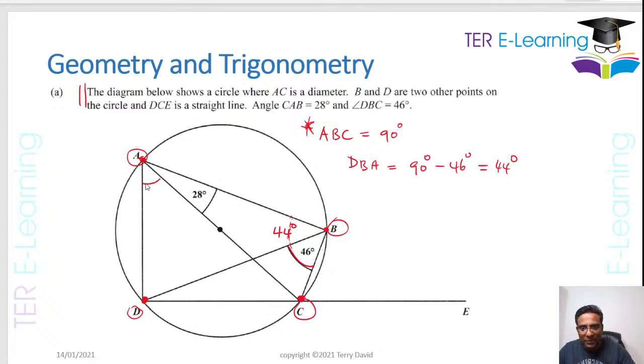So there is a rule that says that this angle here should be 46 degrees as well, right? So my answer for angle DAC, right, is equal to 46 degrees. And the rule that we're using there is that angles in the same segment are equal, right? That's the rule that we're using. So when they ask you for the reason, that's the reason that you are giving them, right?